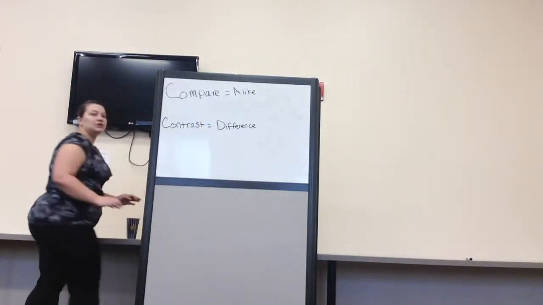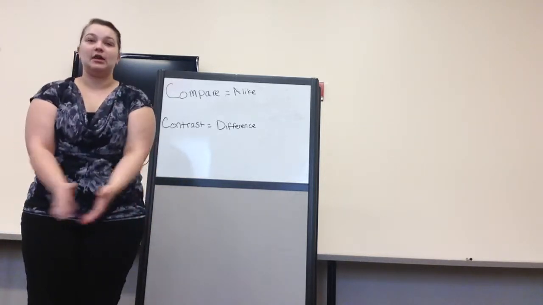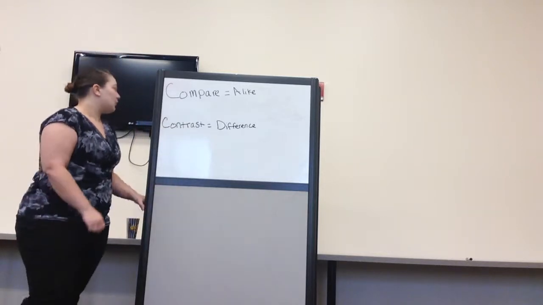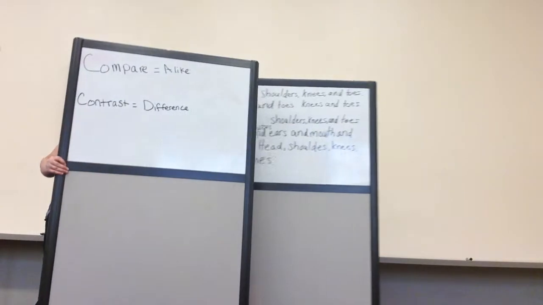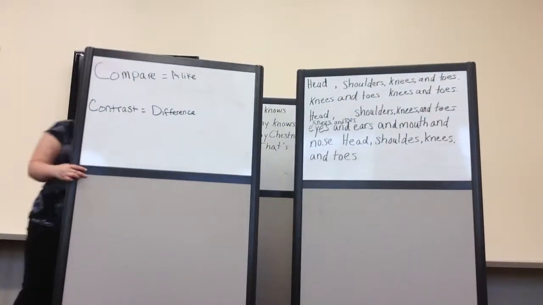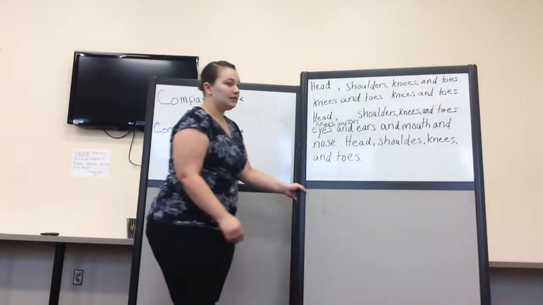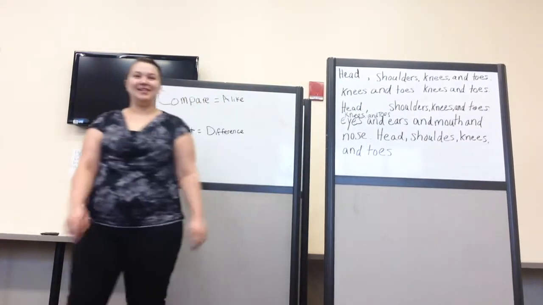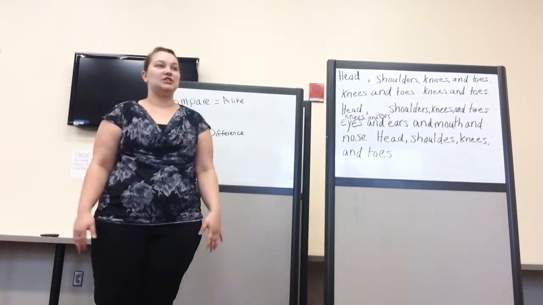Now, we are going to do an activity together to have you guys compare and contrast it, okay? What we're going to do, we are first going to sing and do the actions to Head, Shoulders, Knees, and Toes. Okay, so now we're all going to stand up and we're going to sing the song, and we got to do the actions too.